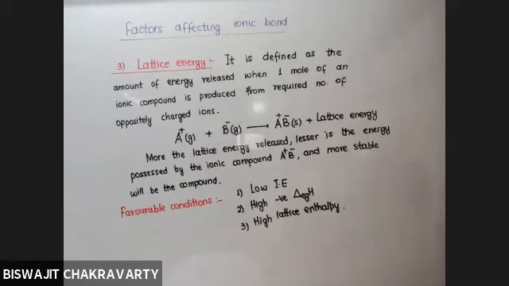Of course, Avogadro's number. And how many Cl minus will be required? Avogadro's number of Cl minus. So when Avogadro's number of Na plus combines with Avogadro's number of anions, in return whatever energy is released when 1 mole or Avogadro's number of units of ionic compound is produced, we call this energy released as lattice energy. Clear?